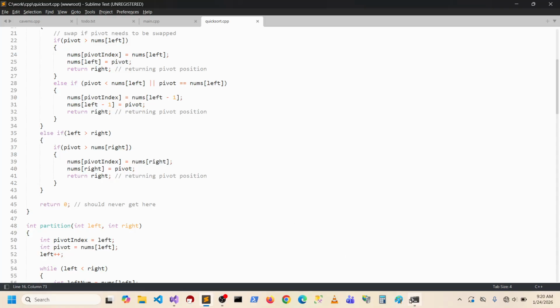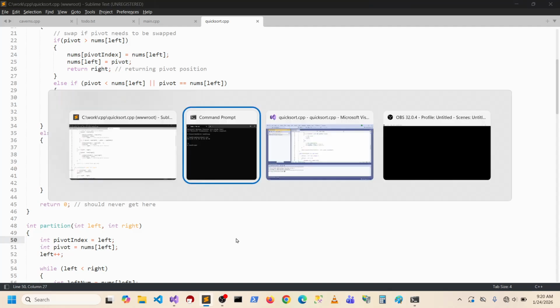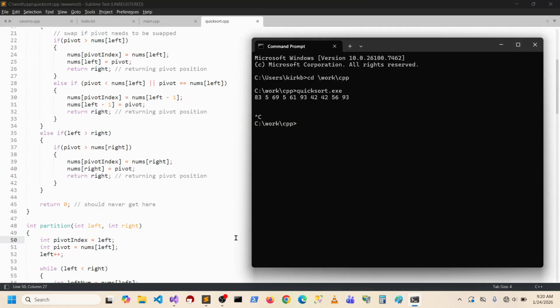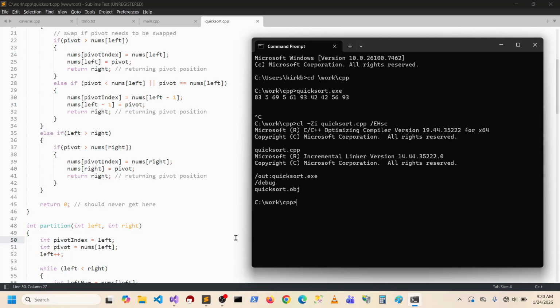Oh, okay. Let's go here. Oh, wait. Yeah, we gotta go here. We gotta compile. I haven't compiled yet. CLZI. Whoops, forgot the dash. Do that. Then do Quicksort, Shift Tab to get the extension.